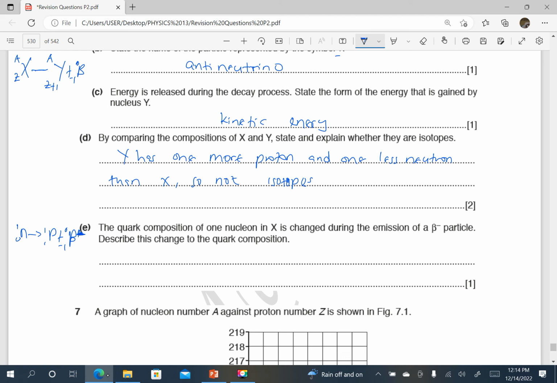Since a neutron is changing into a proton, we change from up, down, down to up, up, down. In other words, a down quark changes to an up quark.